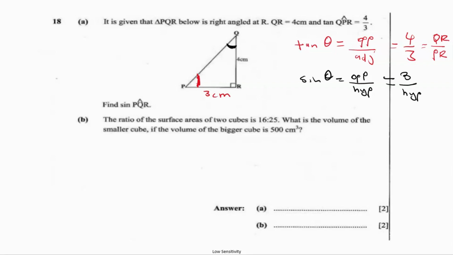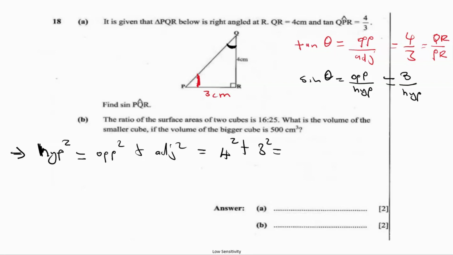So this is where the Pythagorean theorem comes in. For a right angle triangle, we know that the hypotenuse squared is going to be equal to the opposite squared plus the adjacent squared. So our hypotenuse squared is equal to 4 squared plus 3 squared, which is 16 plus 9 equals 25.